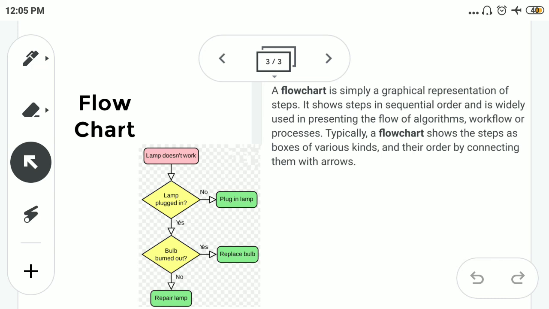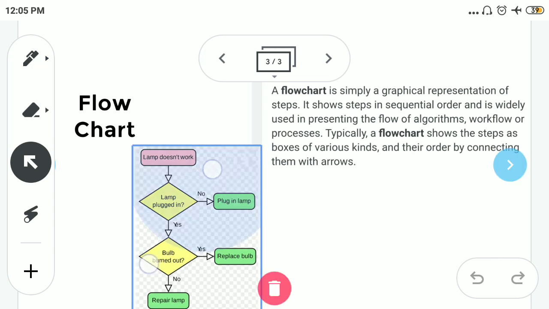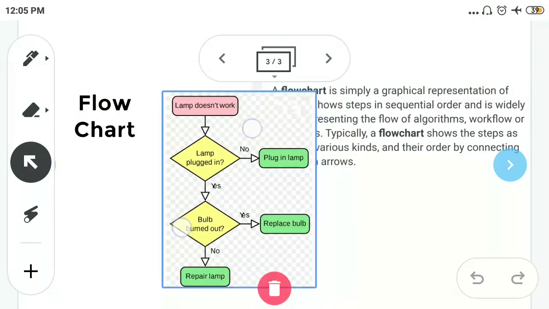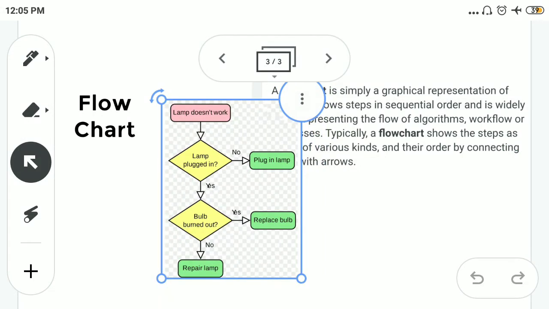Here you can see a flowchart for finding the problem in a lamp. The lamp doesn't work, so find whether the lamp is plugged in, connected to the power supply or not. Yes means it will find the next problem. No means it will check whether the lamp is plugged into the power supply or not.